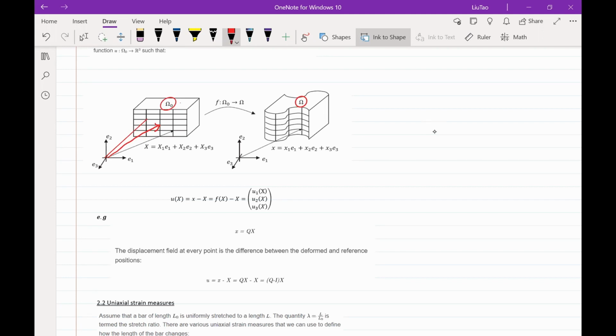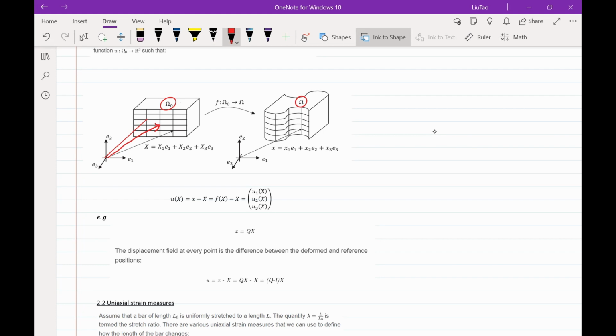If we look at this figure, we can see the deformed configuration on the left and the undeformed one on the right. So we are comparing the right one with the left one.